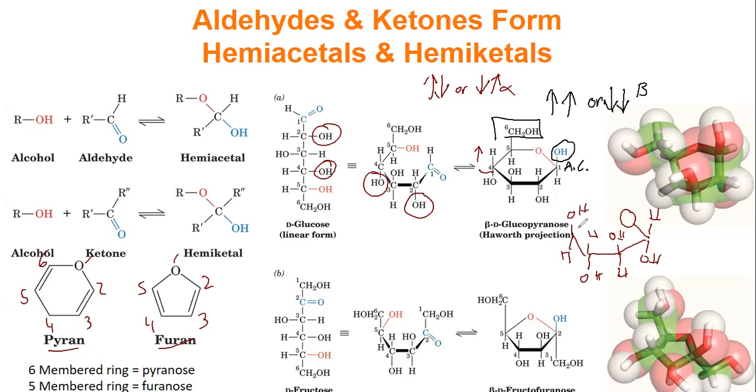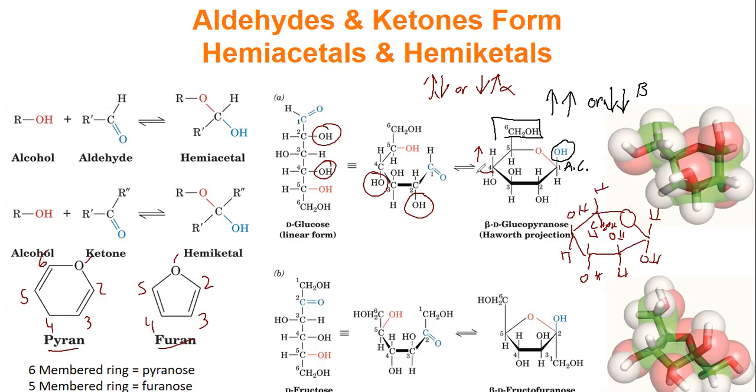It's just that people don't draw glucose like this because it looks way uglier. There we go. How do we know which side to put it up? Like I said, it matters that in the linear form, things that were on the right-hand side point in the same direction when they're in a cycle.